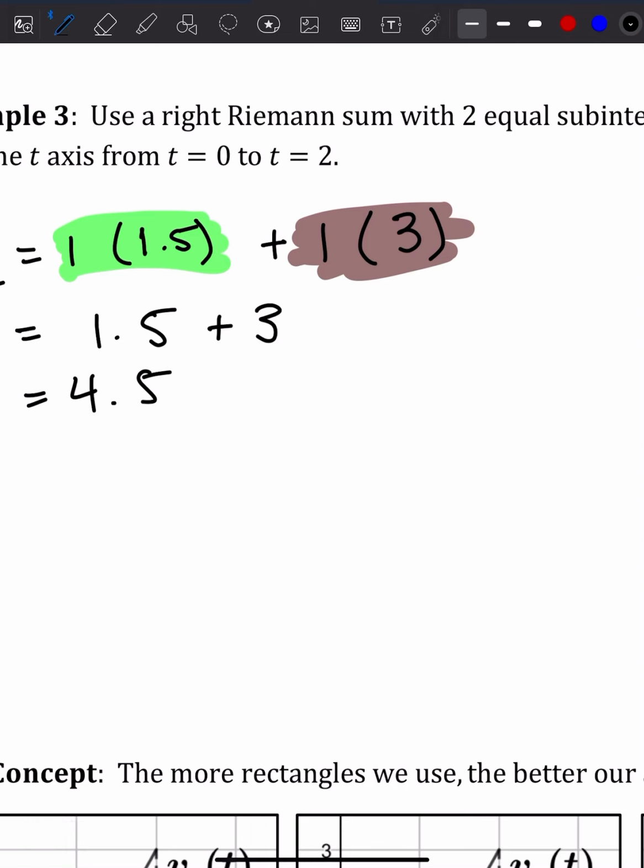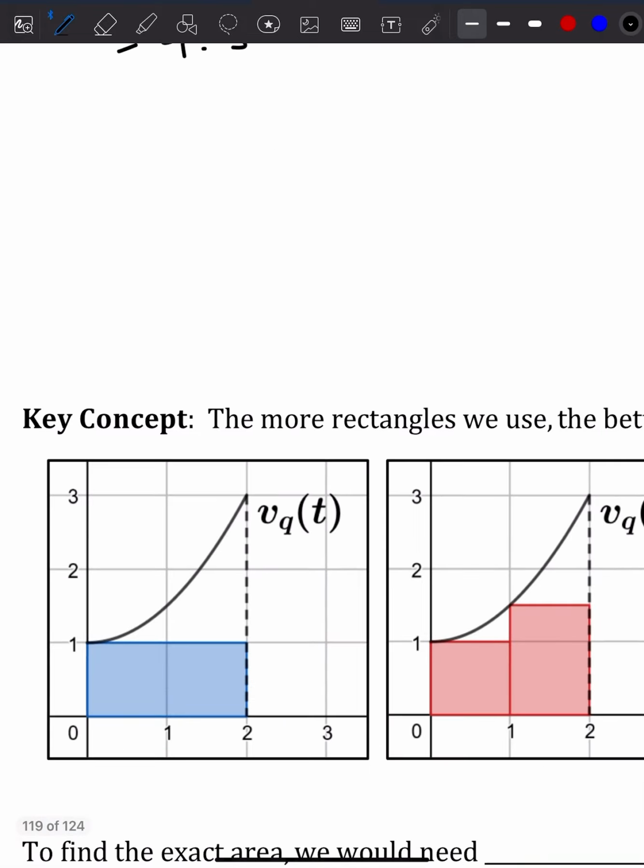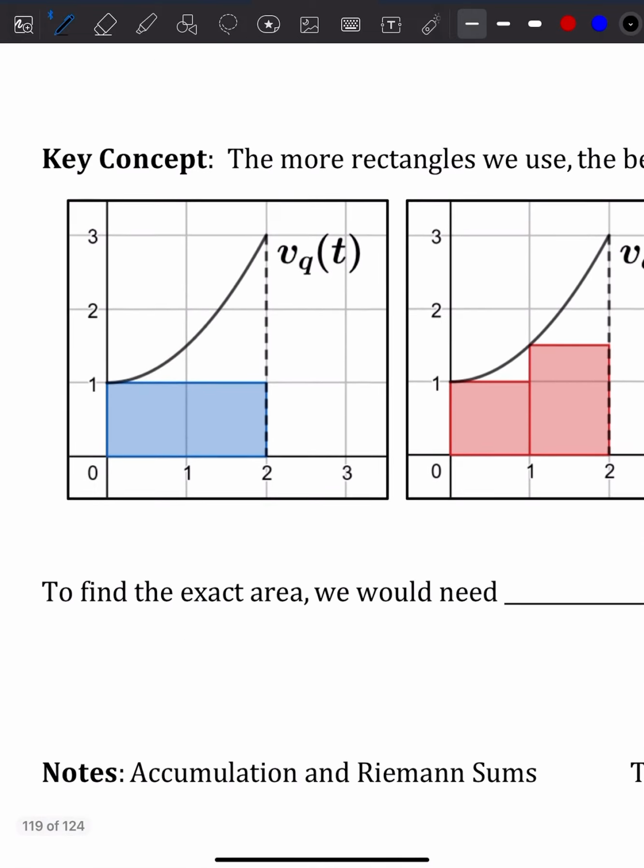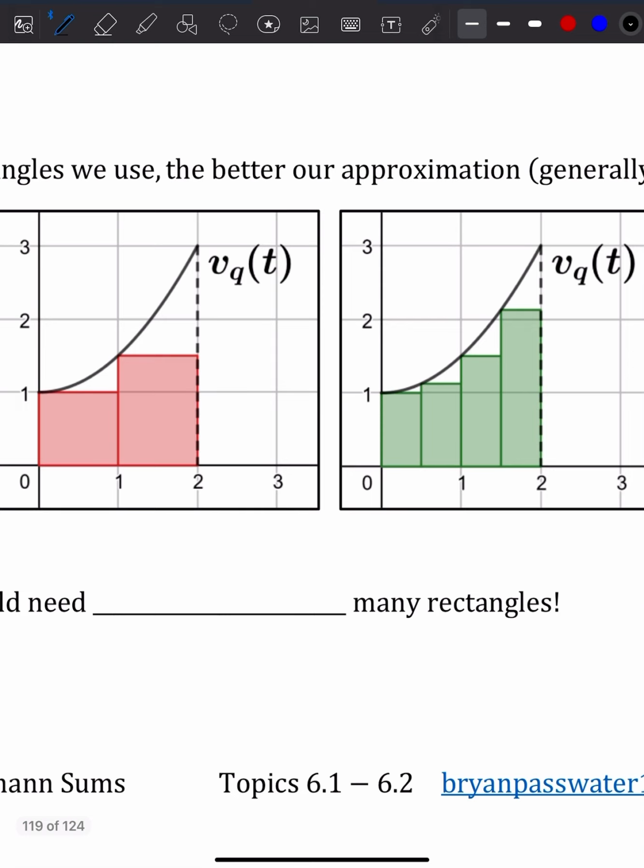So the thing that we need to know is that our estimation for that area is going to get better and better the more rectangles we add in here. So if we only have one rectangle, we would get a pretty drastic error on here because we're going to have the most amount of space that's not covered.